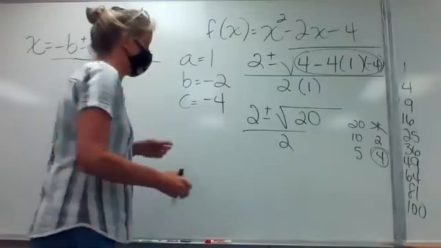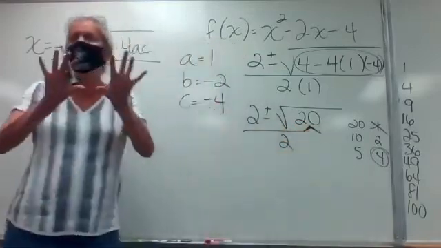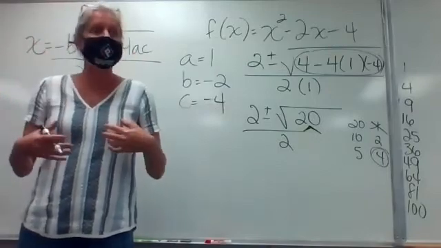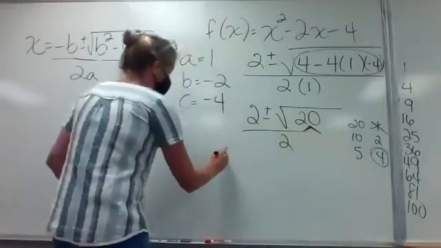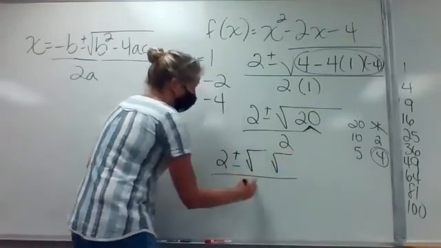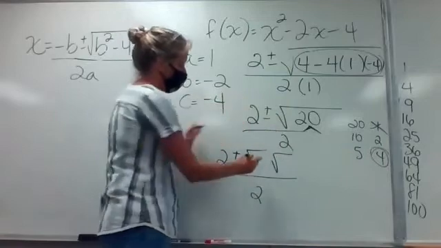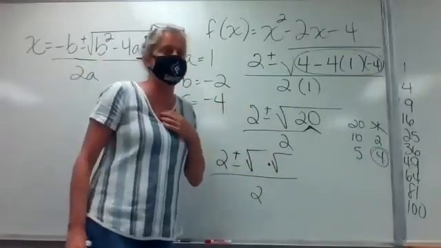So here's how you fix that. You're going to break this apart into 2 square roots. The 2 square roots have to multiply to 20. So we've already got all those ways listed. So let me show you what that looks like. All I'm doing on this next step is breaking apart the square root of 20 into 2 square roots that have to equal 20 when you multiply them.